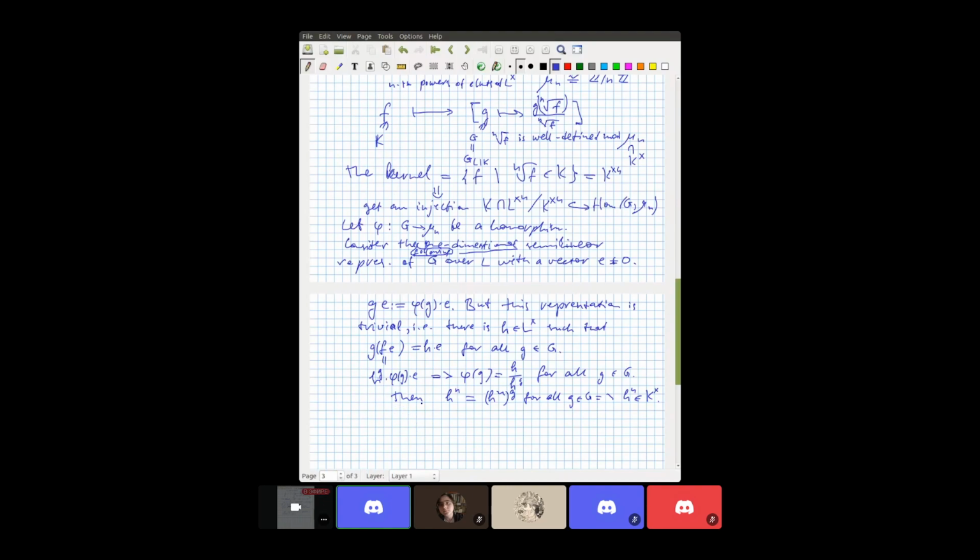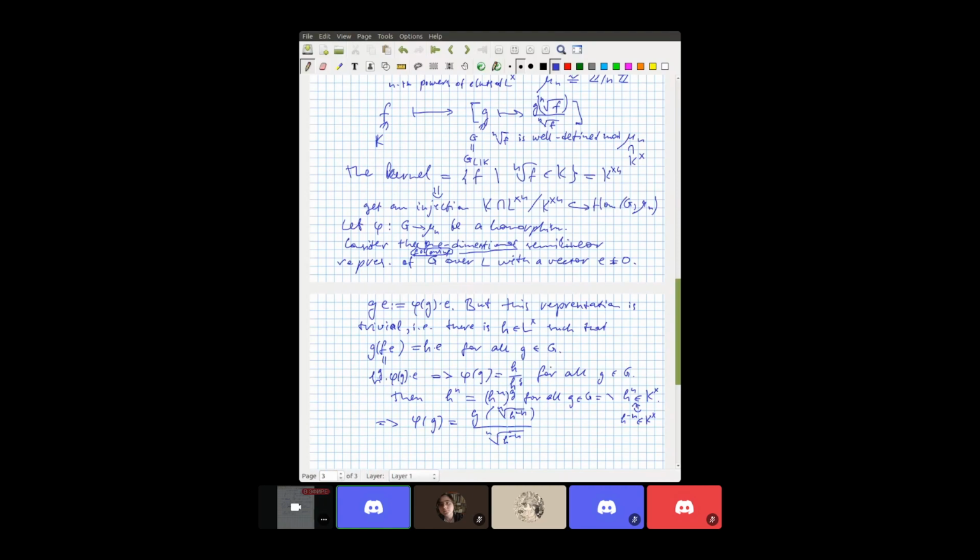All right. And this actually means that phi of g is equal to g of the nth root of h to the minus n, and let me remark that h to the minus n is also an element of K, over the nth root of h to the minus n.